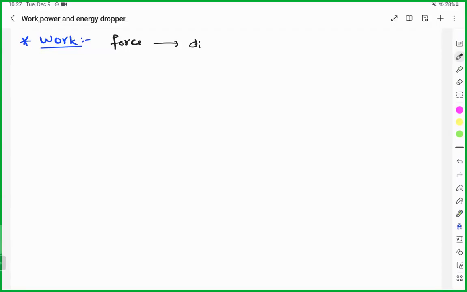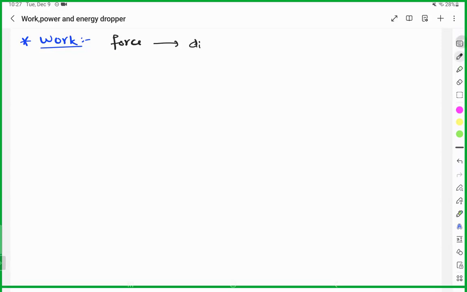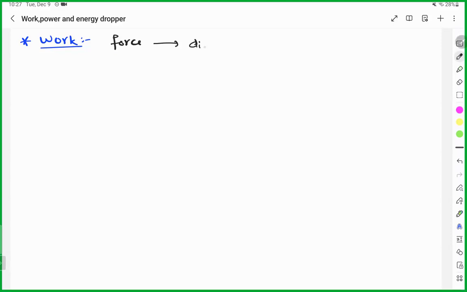If we are moving in a circular path, force is acting, but again, net displacement is zero. So you will say no work done. Understood? So force, which is responsible for displacement, will cause work. That's why we say work is equal to force into displacement.